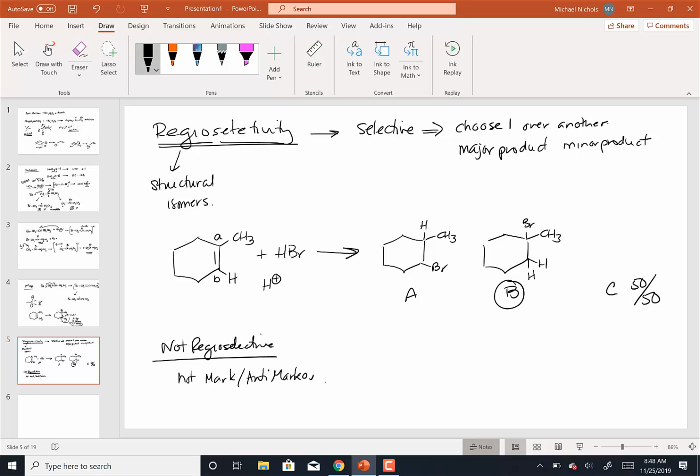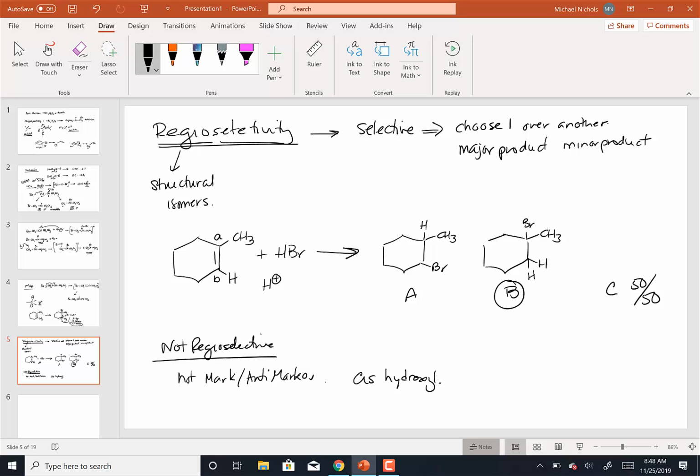Cis-hydroxylation. Close. That's okay. Cis-hydroxylation was not. What did you say, Olivia? What else was not Markovnikov, anti-Markovnikov?